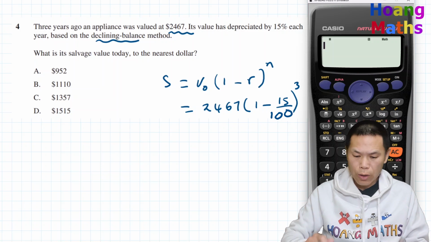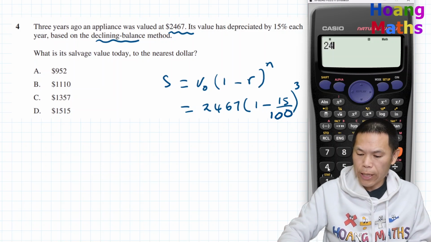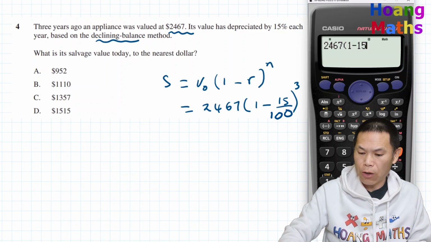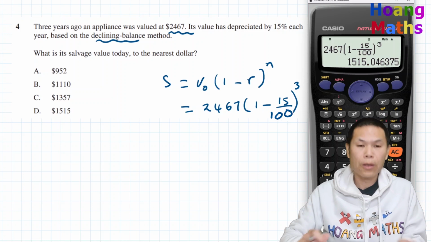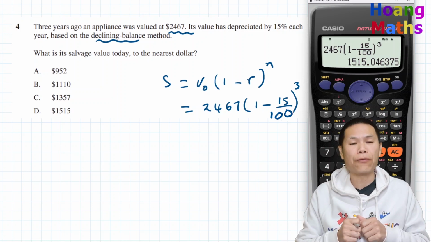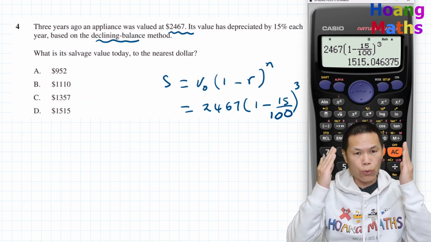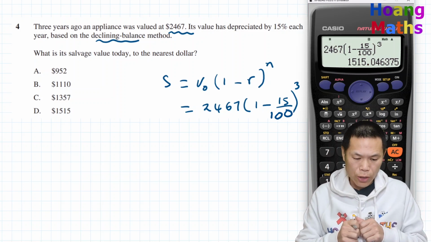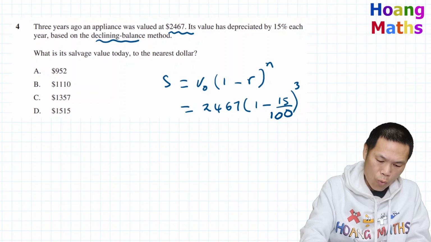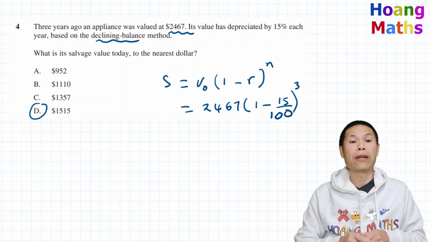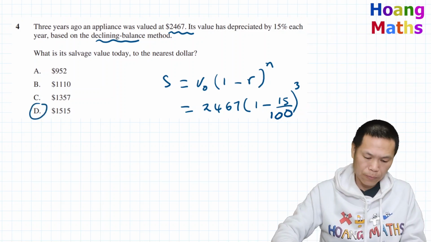So I just go 2,467 brackets 1 minus 15 over 100, and then, of course, to the power of 3. So there you go, $1,515.05. But correct to the nearest dollar, the answer should be D, $1,515.